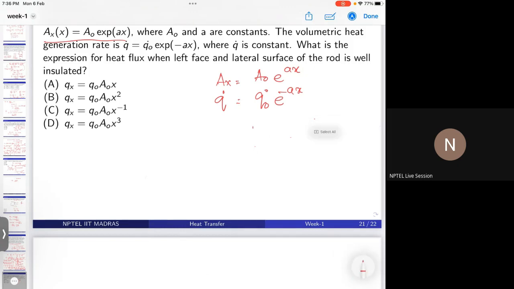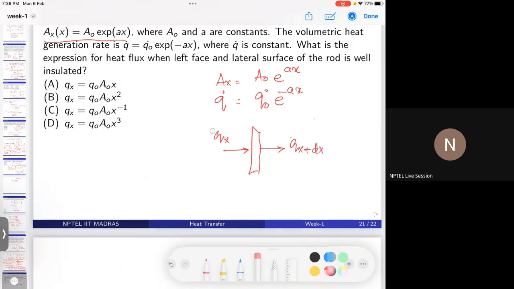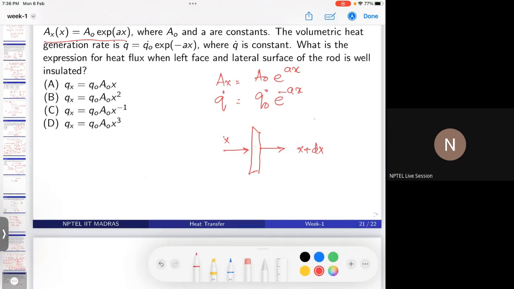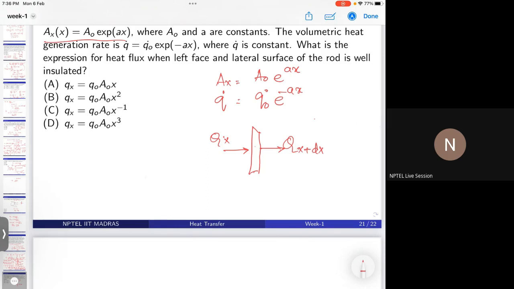So I am considering a strip. Some heat is flowing, that is Qx, and Qx plus dx. This is an elemental strip of length delta x.